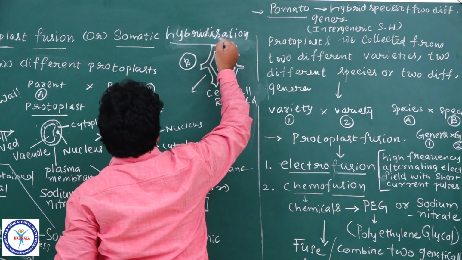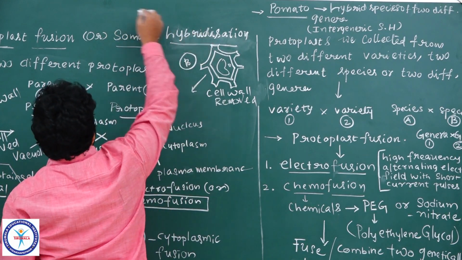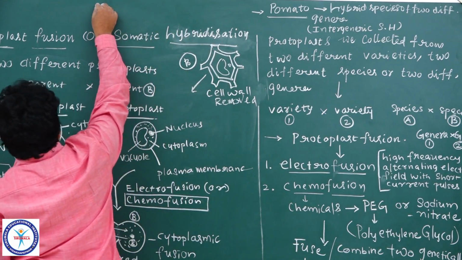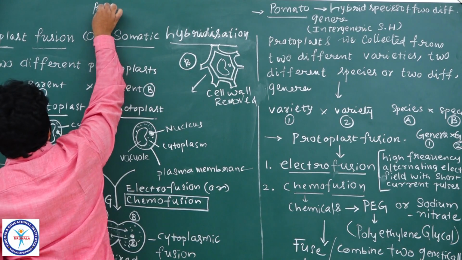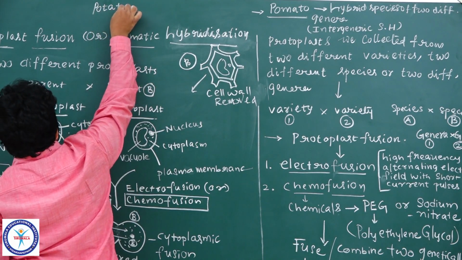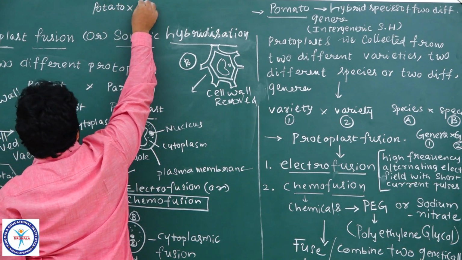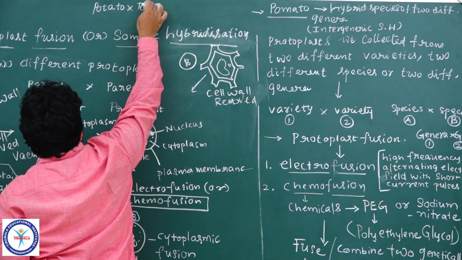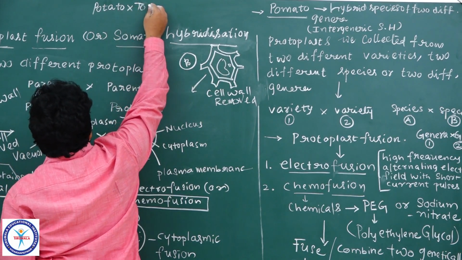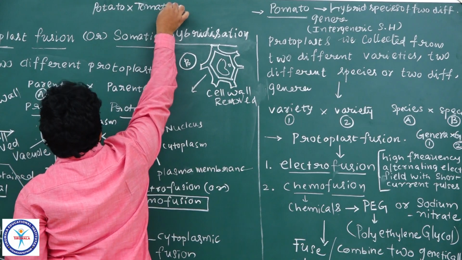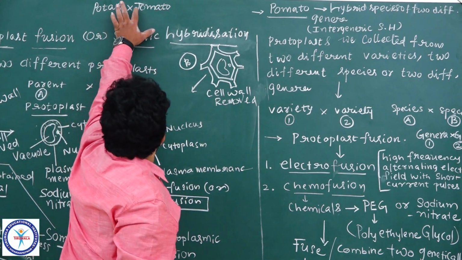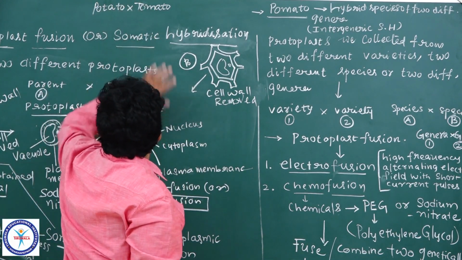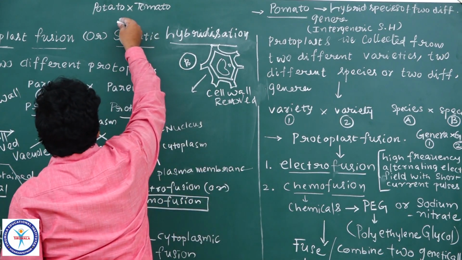Pomato is produced by protoplast fusion between potato and tomato. Potato and tomato both belong to the same family but are two different genera.